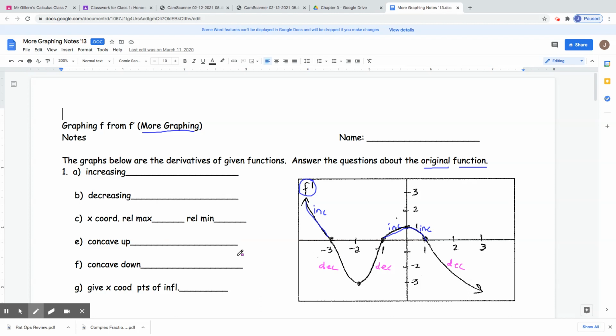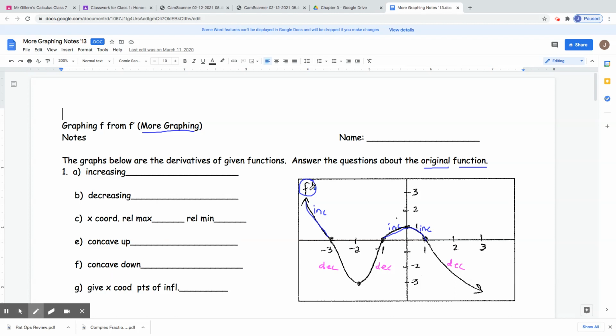All right. So then the next thing we're going to talk about is concavity. Concavity had to do with the second derivative. Wherever the second derivative was positive, it was concave up. Wherever the second derivative was negative, it was concave down. Well, this isn't the second derivative. This is the first derivative. But the second derivative is the derivative of the derivative, right?